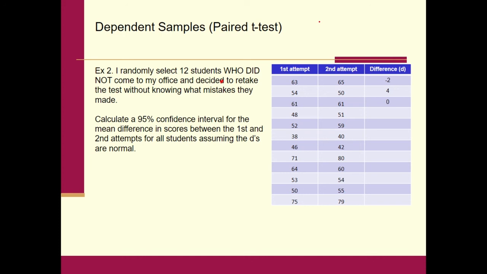Okay, I have a stats course that is a lot lower than this one, where the students are allowed to retake one of their exams in the semester. All right, it is not this course, so you cannot take a retake for this course. Okay, it is in another course a lot lower than this one. Okay, and so anyways, when a student does poorly on an exam, I encourage them to come into my office, and we look at the exam together.